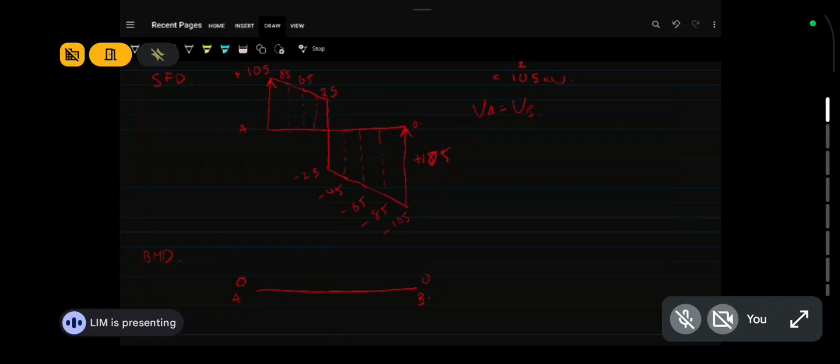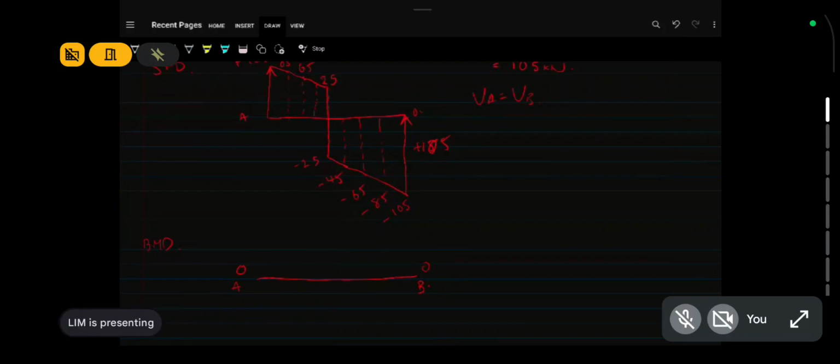You go back to your shear force diagram. The moment in the middle, I draw a straight line to join the middle of the shear force diagram with the middle of the bending moment diagram.